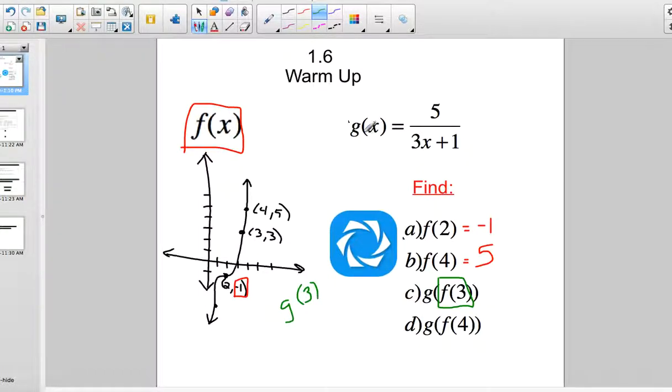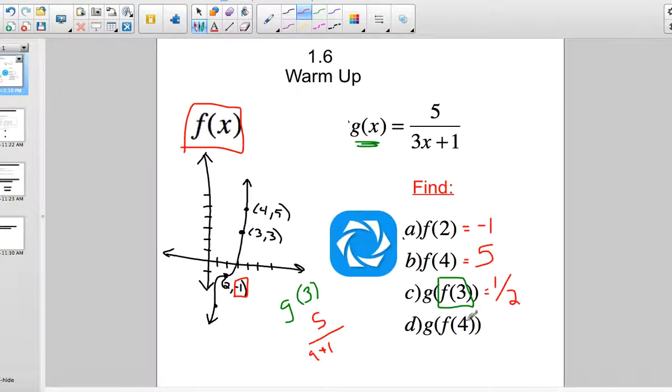And now I don't want to work with this one, I want to work with this one because this one's g. And all it's saying is plug in 3 for x, right? It's not g of x, it's g of 3. So you want to plug in 3. So that would give you 5 over 3 times 3, which is 9, plus 1. Right? So I just plugged in 3 for the x, which is 5 over 10, which is the same thing as 1/2.